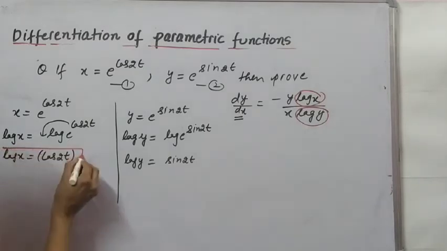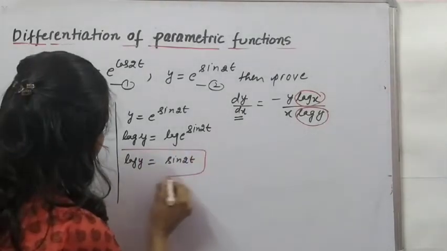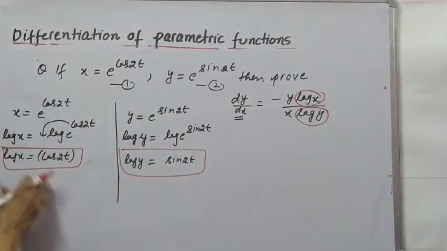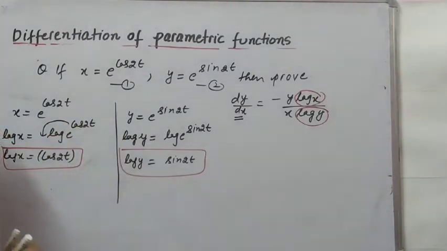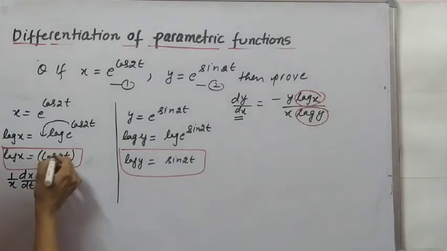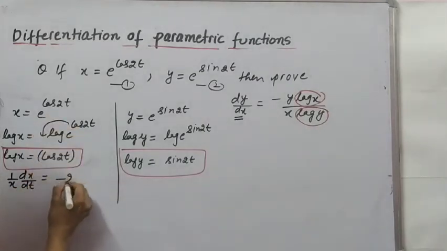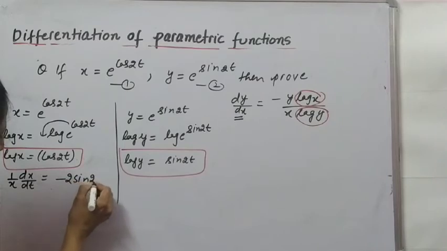Now we will differentiate both sides with respect to t. From here we will find the value of dx by dt, and from here we will find the value of dy by dt. So differentiating both sides with respect to t. First of all, derivative of log x is 1 upon x, then derivative of x with respect to t, dx by dt. Derivative of cos 2t is minus 2 sin 2t.